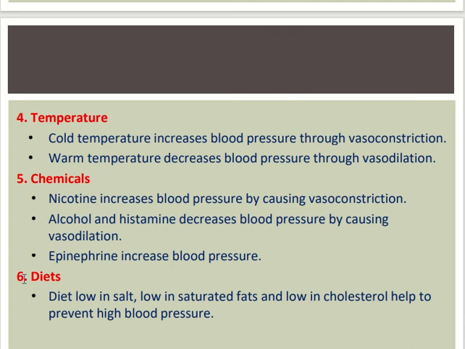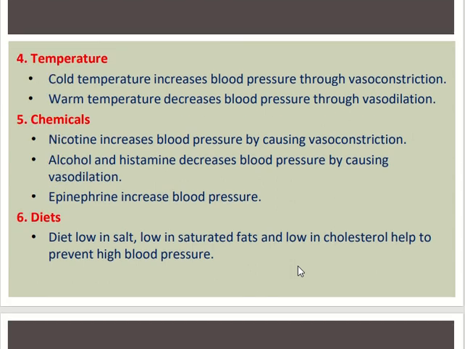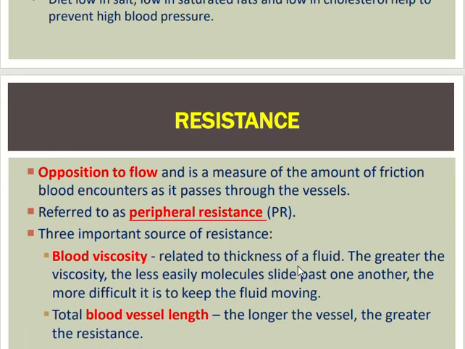Okay, when your diet is low in salt, meaning low sodium chloride, NaCl, and low in fat and low cholesterol, it will help to prevent high blood pressure. That's why it's good for you to eat less salty food, less fatty food, and less cholesterol food, so that you can have a good blood pressure.